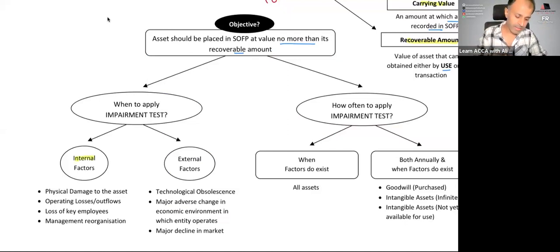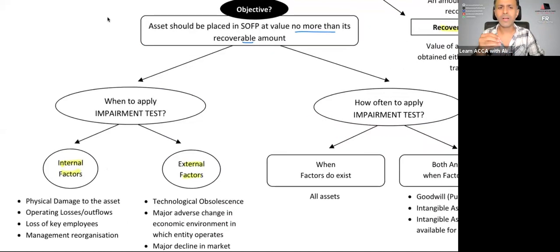There can be some internal factors or external factors. You will have to wait for these factors to come, as an impairment review is not like a depreciation thing that has to be performed every year.